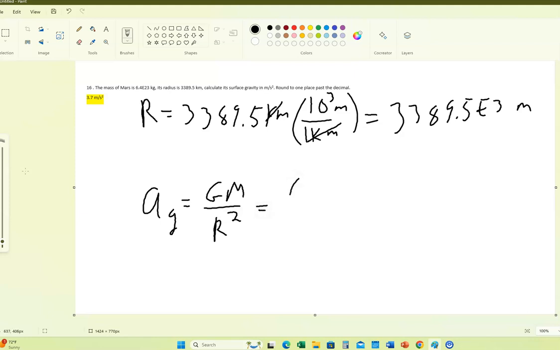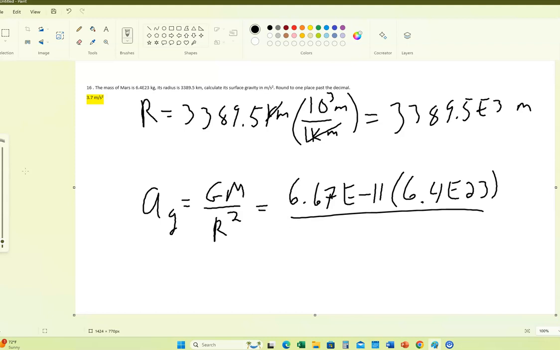All right, so just like the last problem, 6.67, the universal gravitational constant, times 10 to the minus 11th, times the mass of Mars, which is 6.4, that's a decimal, times 10, it's just easier to write the E to the 23rd, right? That's because it's Mars, it's much smaller.